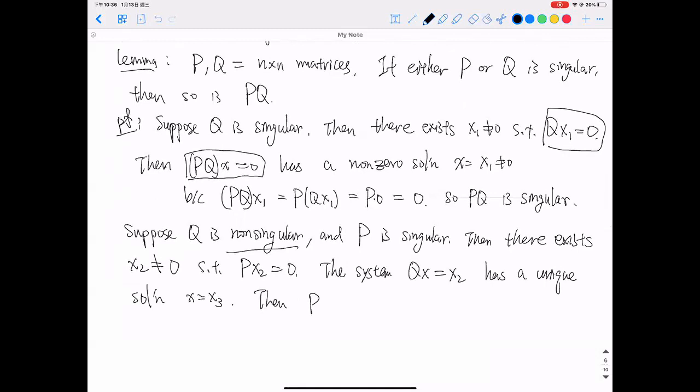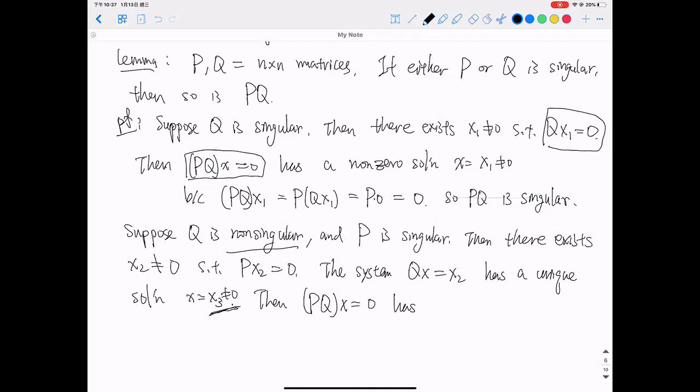Then we want to consider the system PQx equals 0 again. Before we proceed, we should observe that x3 here is not 0 because x2 is not.